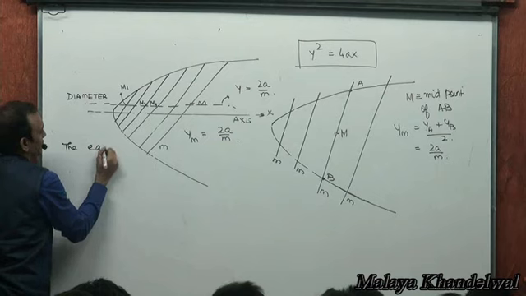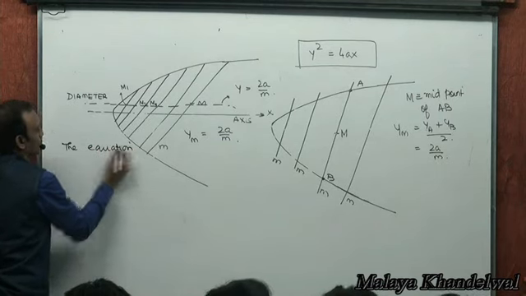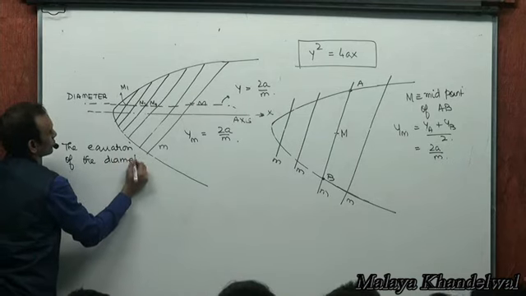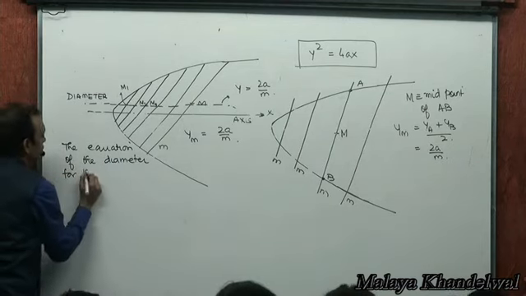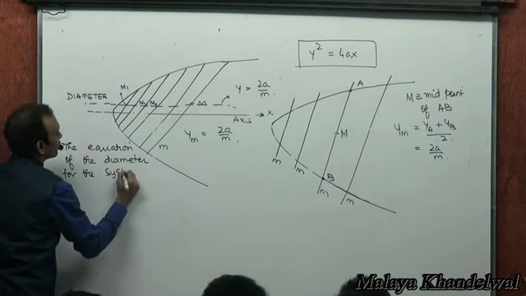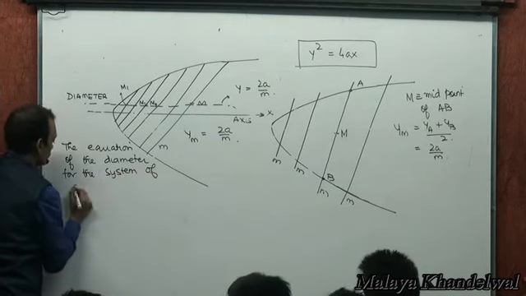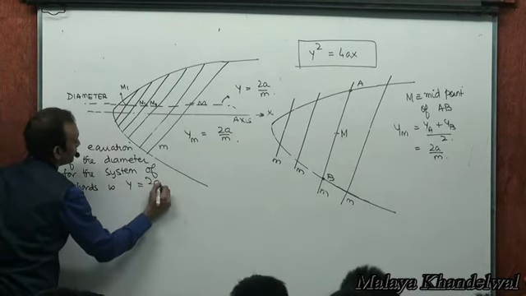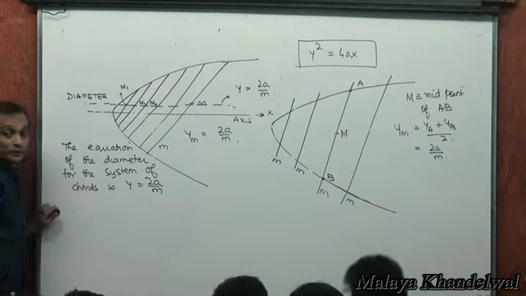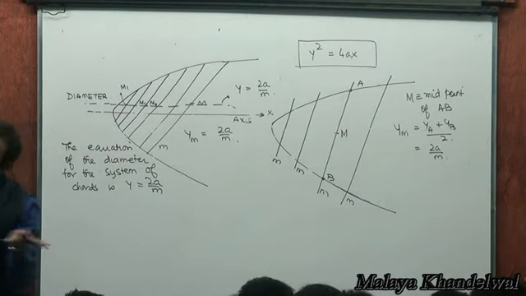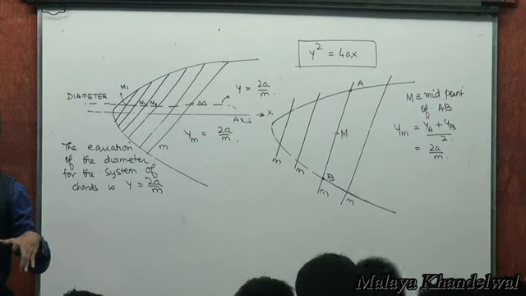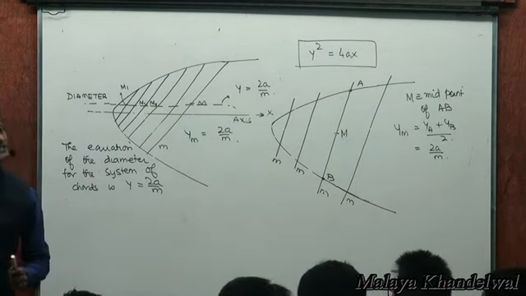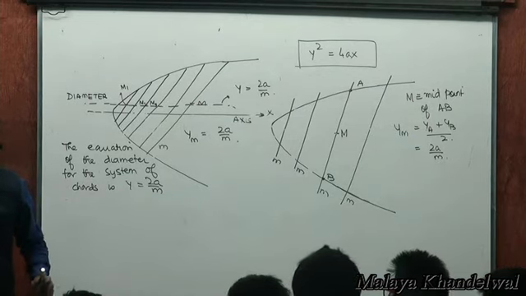The equation of the diameter for the system of chords is y equal to 2a by m, which is a line parallel to the axis of the parabola, which is in some cases the x-axis. It need not be the x-axis, some other line could be the axis, then the diameter will be parallel to that axis.